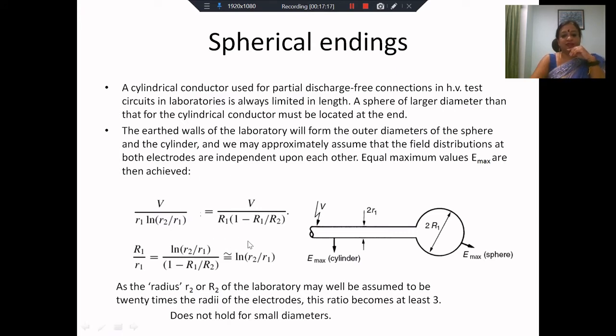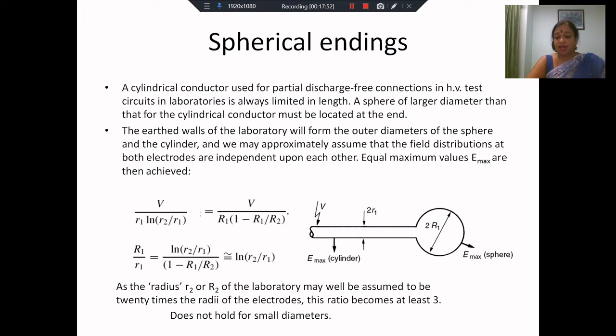Using this configuration, where I consider the outer walls as the outer cylinder and the outer sphere, I obtain this expression that capital R1, which is the radius of the spherical end termination, should be equal to r1 into ln R2 by r1. So I am able to obtain the dimensions of R1 in terms of the radii of the cylindrical portion. Of course, it does not only have r1 in the expression, it also has small r2, and small r2 or capital R2 are the same.